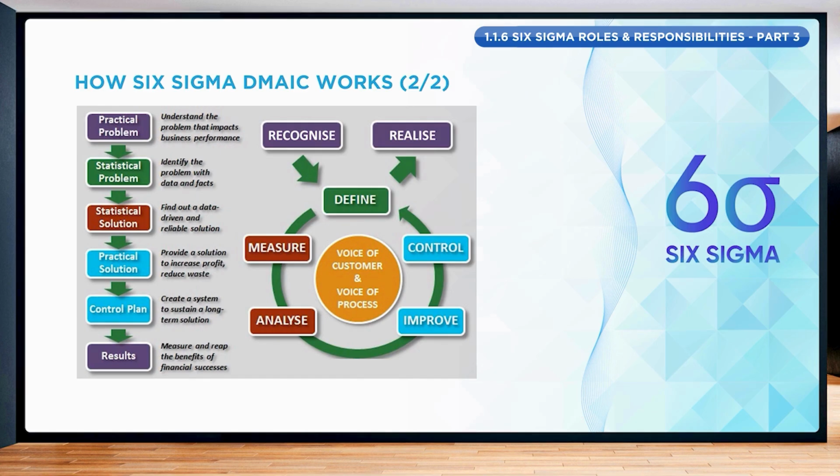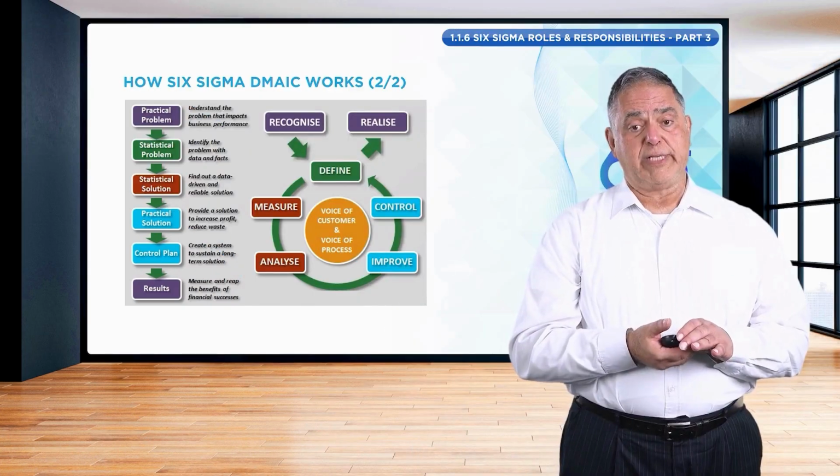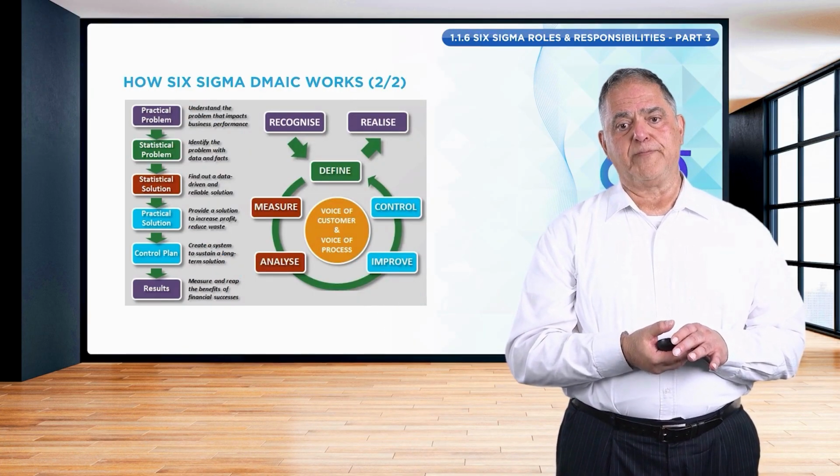So during the define phase, we set up the projects, we set up the project control documentation, we identify the key stakeholders, etc. Now, as we move from define to measure and from measure to analyze, during the measure phase, we try to establish what is the current state of the process under investigation and also determine how capable the process is in order to meet customer requirements and customer specifications.